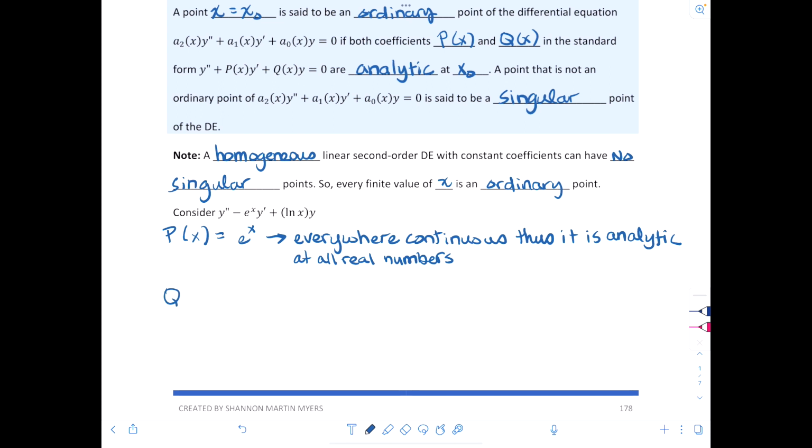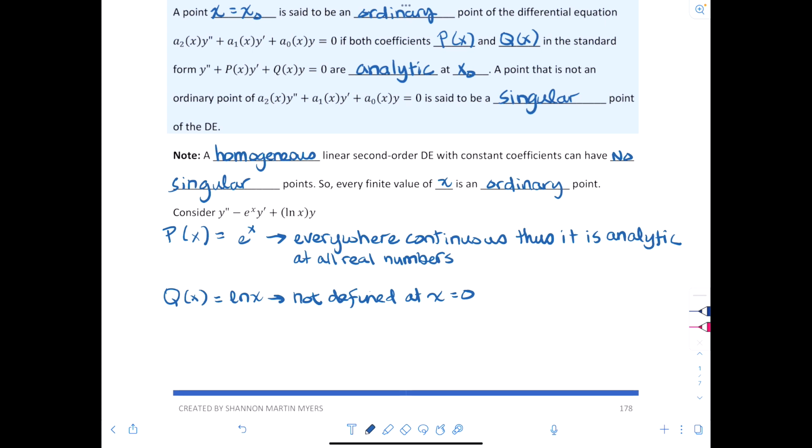So q at x is equal to natural log of x. Well, there's an issue, correct? It's not defined at x equals 0, so you can't make a Maclaurin power series about it.